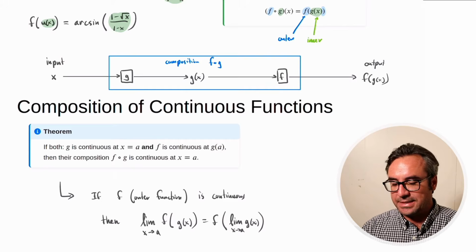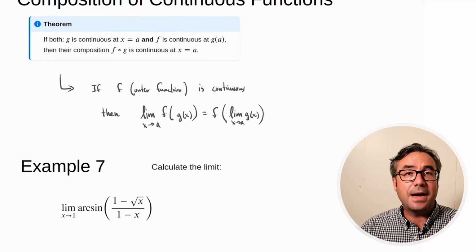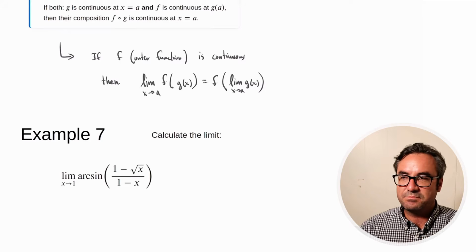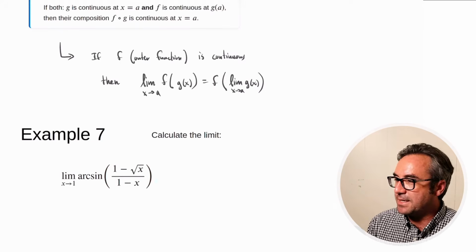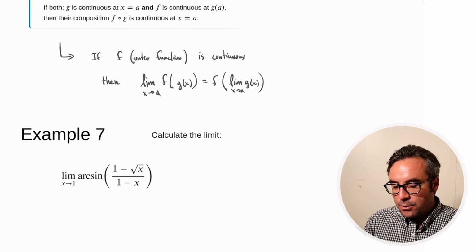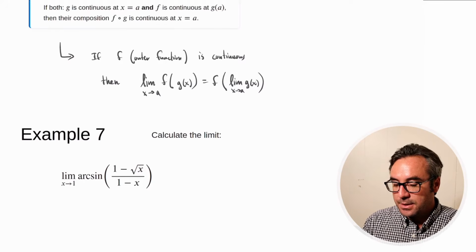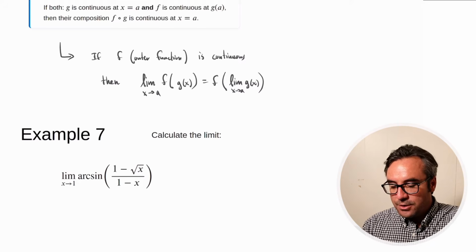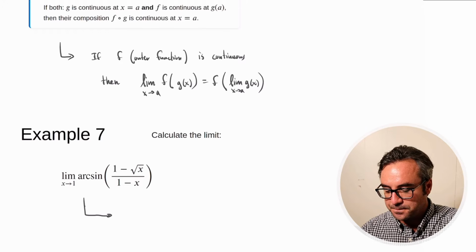All right, so let's try an example and see how this would work. Let's look at that composite function we just did. We've got inverse sine, or arc sine, kind of just synonyms there, of 1 minus square root x over 1 minus x. And we know arc sine, inverse sine, is a continuous function on its domain. So we're doing the limit of this entire thing as x approaches 1. Because inverse sine is continuous, we can use continuity.